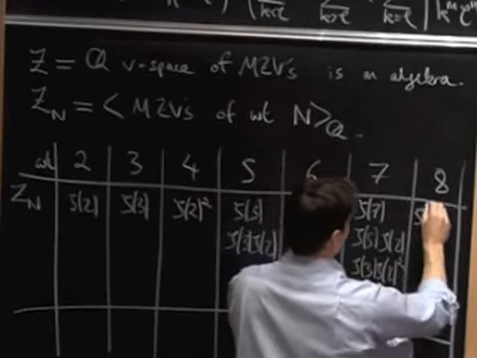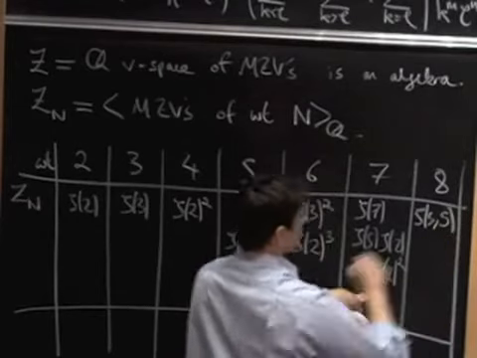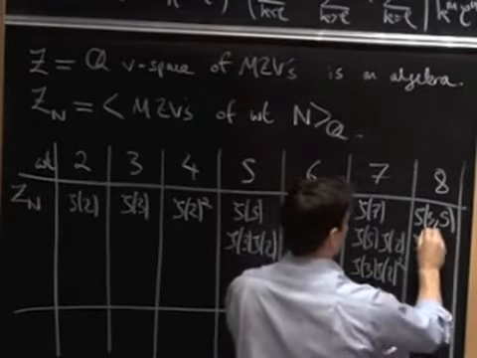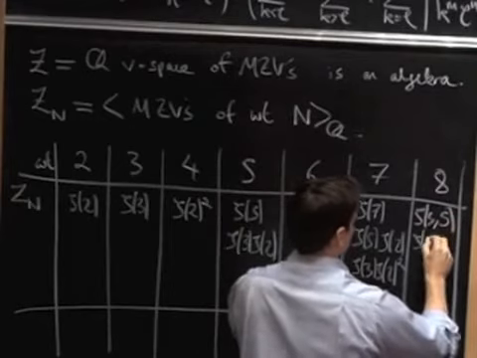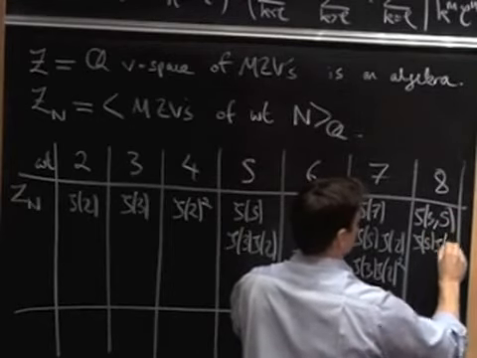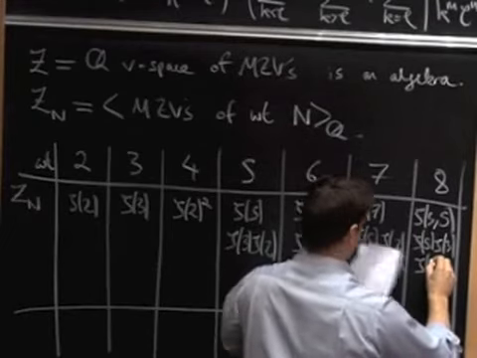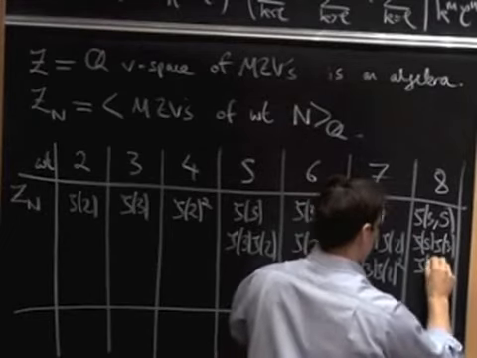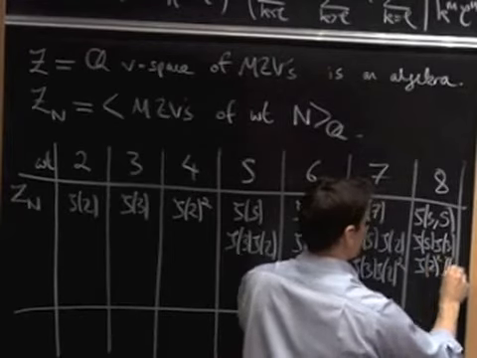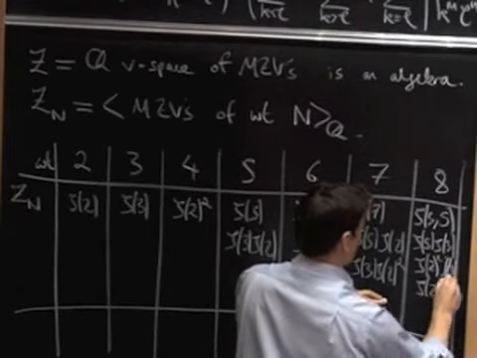And here something interesting happens. You get the first non-trivial multiple zeta value, zeta 3, 5. You get zeta 5 times zeta 3, let's say, zeta 2 squared, zeta 3, and zeta 2 to the 4.